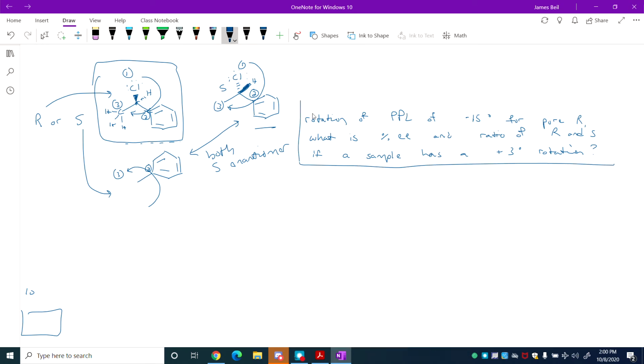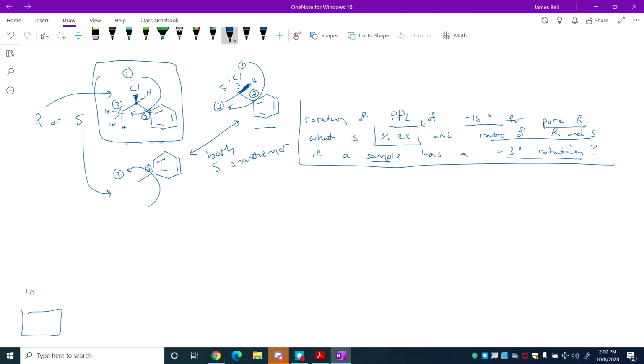So here I've got a rotation of plane polarized light measured to be negative 15 degrees for pure R. I want to determine what's the percent EE and the ratio of R and S, which is what that bullet point's asking about, if I have a sample with a measured rotation of 3 degrees.